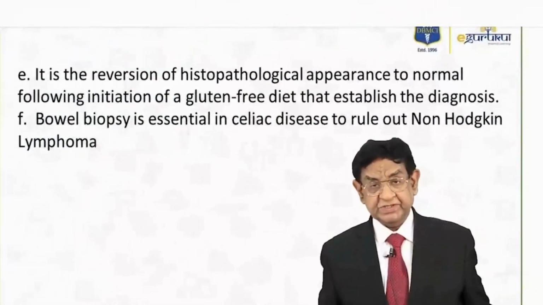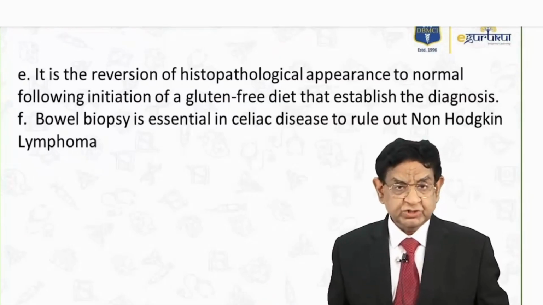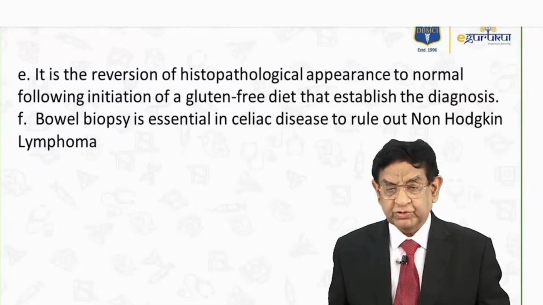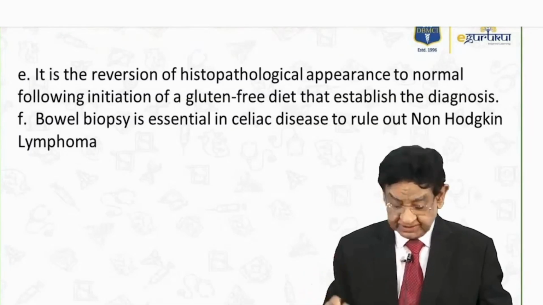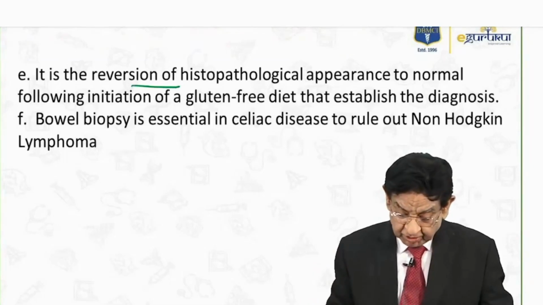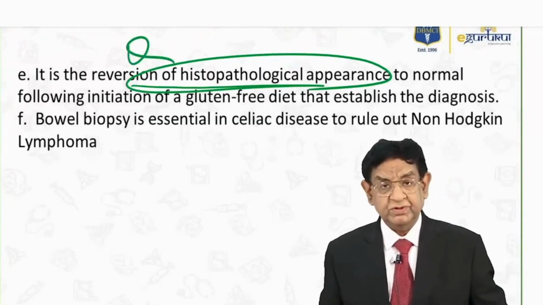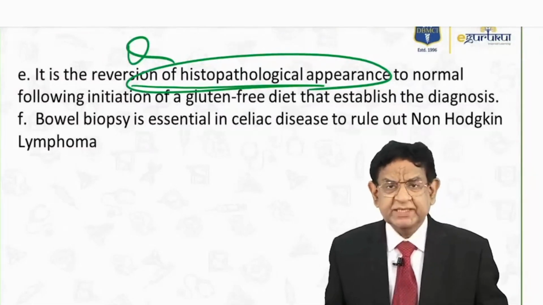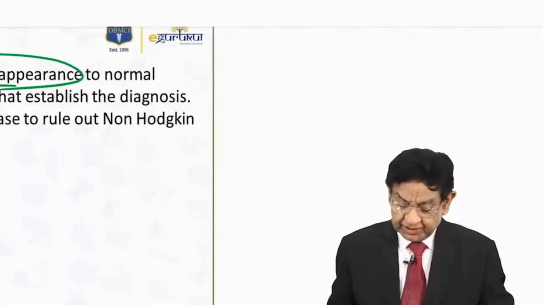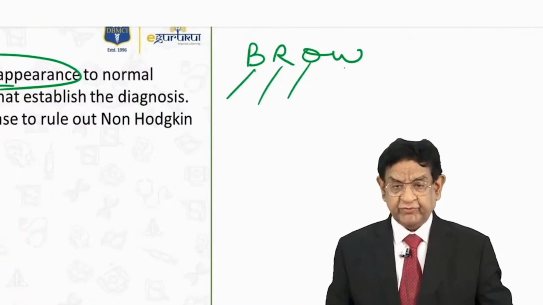Now one thing very interesting to talk about. You have a patient of celiac disease and he stops taking the food which he should avoid, and after a few weeks, the histopathology becomes normal. This is a very, very important point. Why so important? That means when we are treating a case of celiac disease, the only treatment is we ask the patient to avoid barley, rye, oat and wheat.